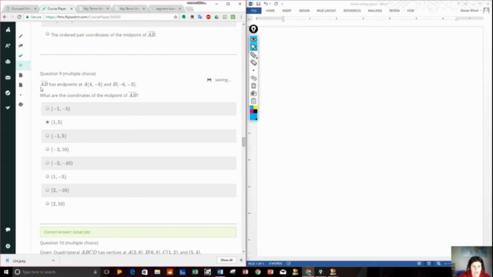And AB has endpoints at A (4, -8) and B (-6, -2). What are the coordinates of the midpoint of AB? Alright, so one way that I remember how to find the midpoint is that we find the average of the x coordinates and we find the average of the y coordinates. So to find the midpoint x coordinate, I'm going to average the x coordinates.